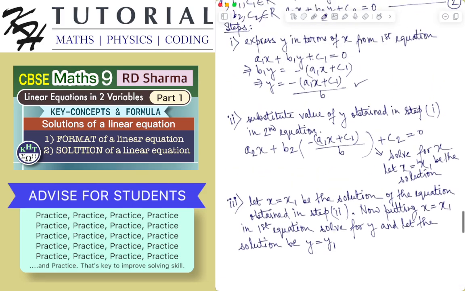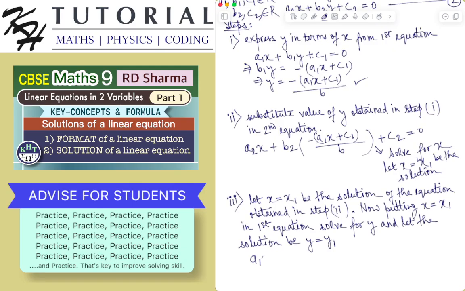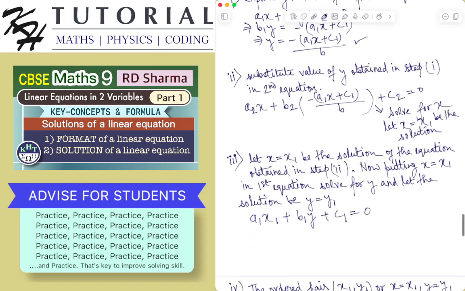So I will have a1 x1 plus b1y plus c1 equal to 0. This becomes a linear equation in y, and I can solve for y. I'm not solving it here because it will be complicated and big. Let y equals y1 be the solution of this linear equation in y.